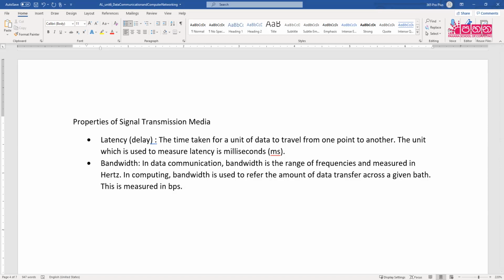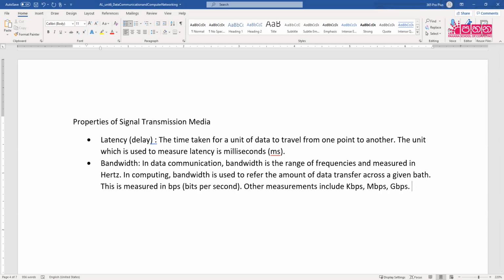So there are other measurements too. Other measurements include kilobits per second, megabits per second, and gigabits per second, right?